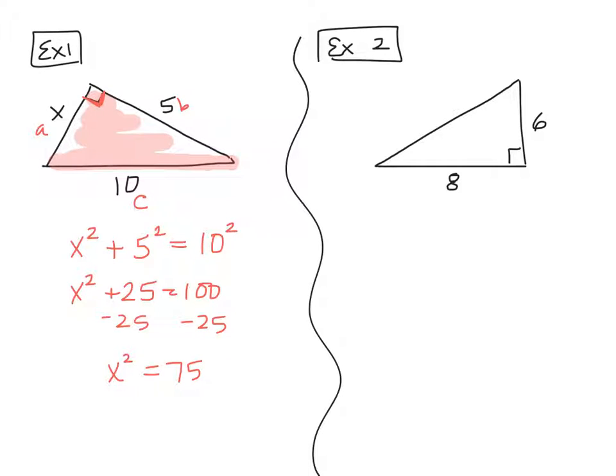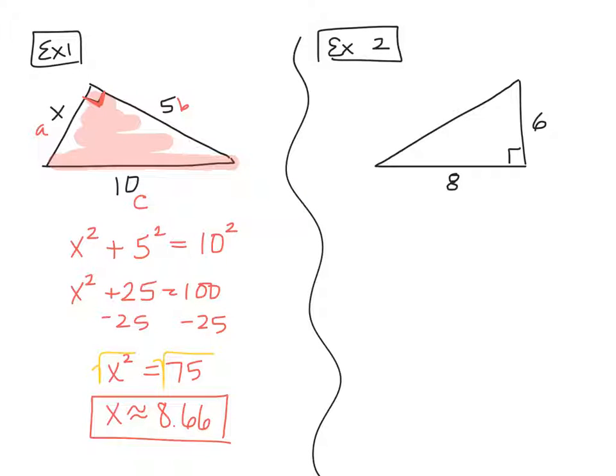Then our last step is to take the square root so that x is by itself. When you do that, you're going to get approximately 8.66. I'm going to say approximately, which is these two little squiggle marks, because this is not a perfect answer. I'm having to round that because it's some big decimal.